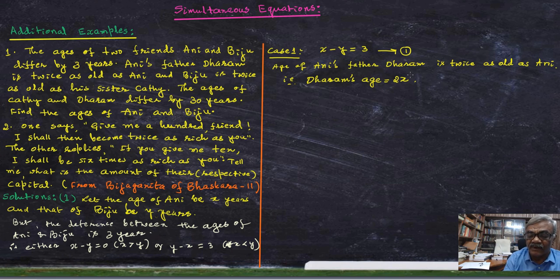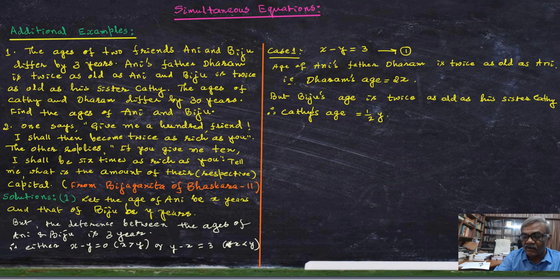The age of Ani's father, Dharam, is twice as old as Ani. That means Dharam's age is 2x. But Biju is twice as old as his sister Kathy.